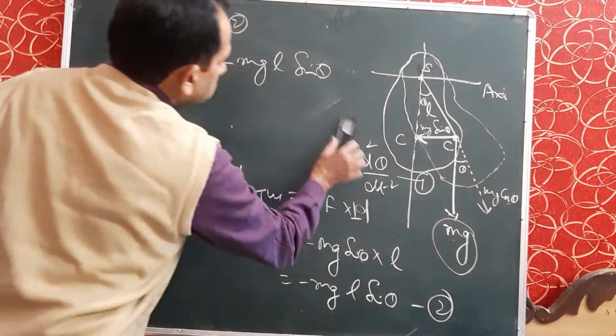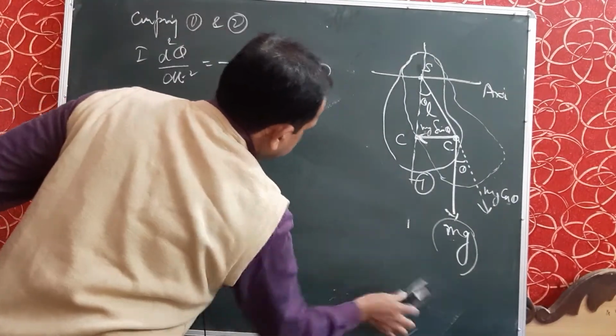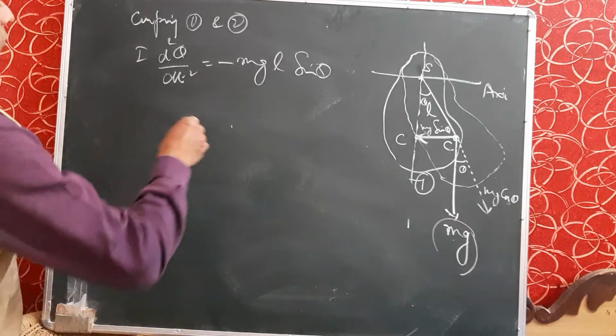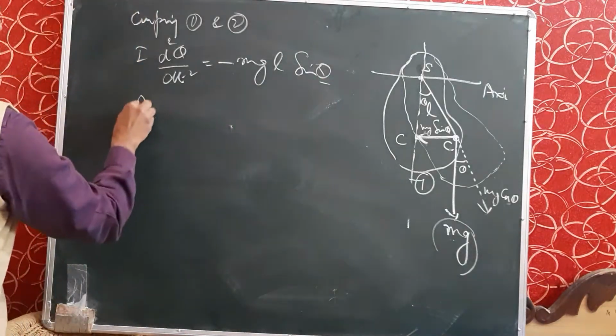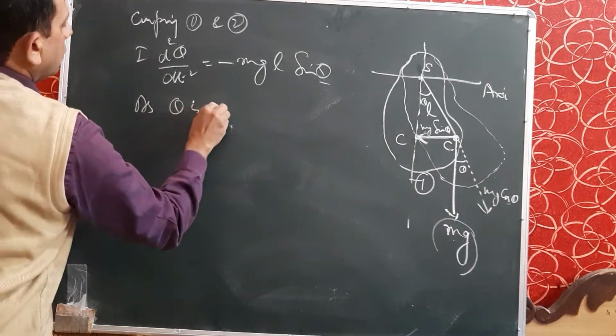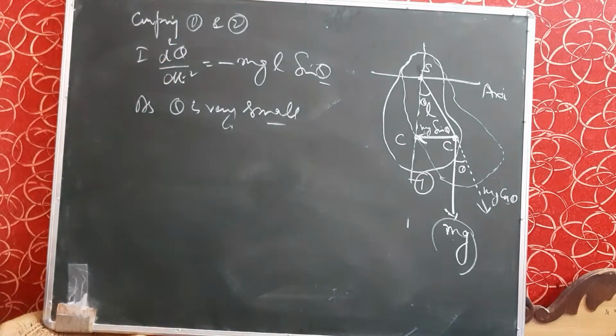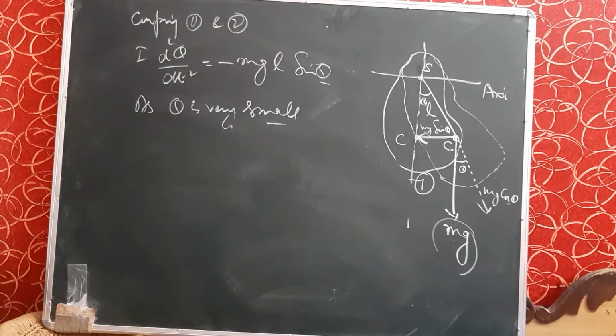Now finally we will compare this equation with the standard simple harmonic motion equation, that is d square theta upon dt square is equal to minus omega square theta. In the case of a pendulum, theta is very small, it is a condition that this angle should be very small, meaning it vibrates with small oscillations.